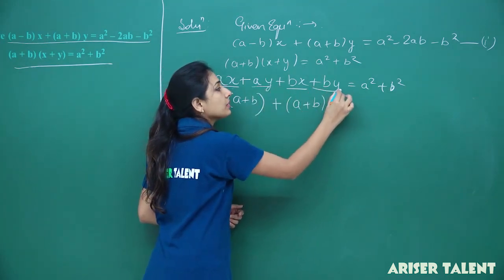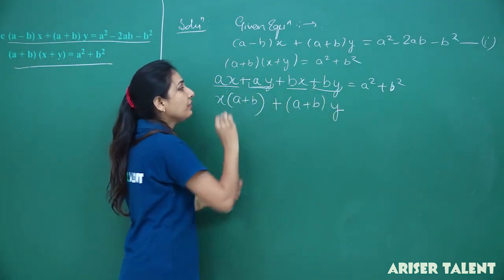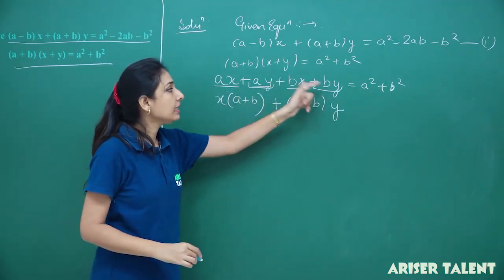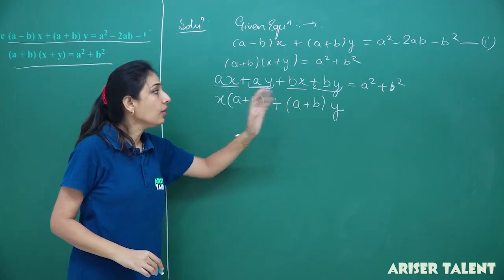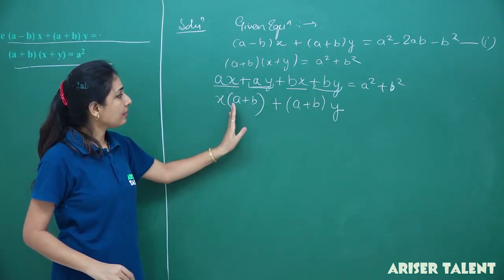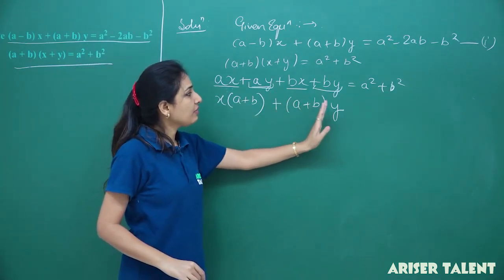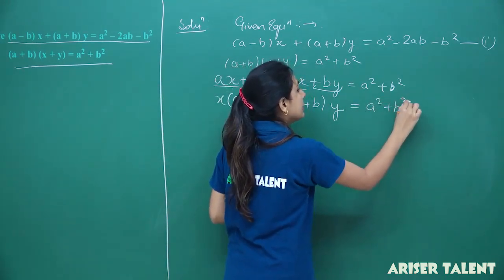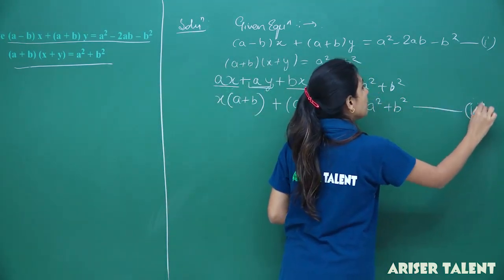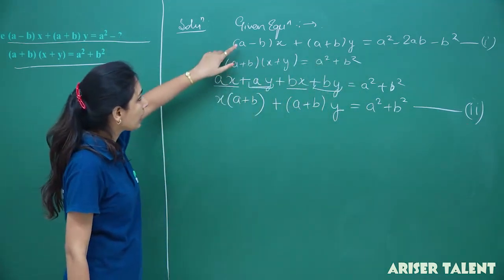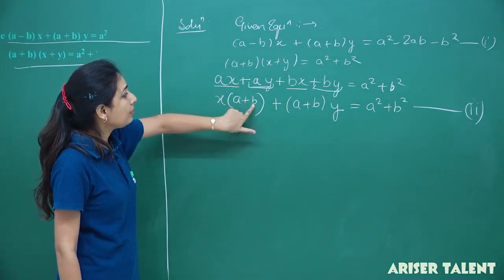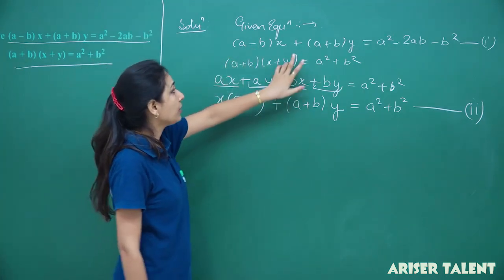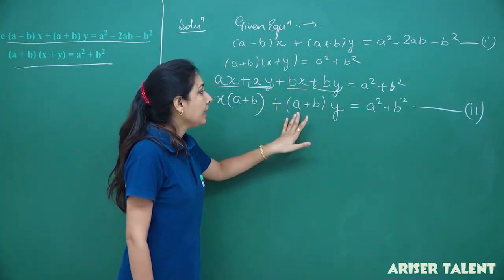By these two terms. We have taken these two terms and taken common x. We have taken these two terms and taken common y. So, that will become x into a plus b plus y into a plus b equals to a square plus b square. This is our second equation. Now, student, look at this. A plus b, a plus b.